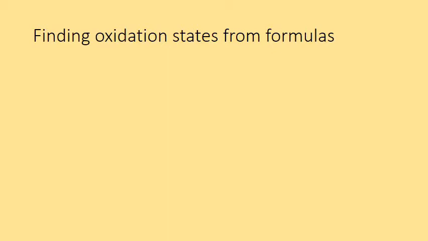Let's say you've got to find the oxidation state of zinc in zinc hydroxide. So you're given the formula of zinc hydroxide, which is that, and it's asked you to find the oxidation state of zinc within the zinc hydroxide.